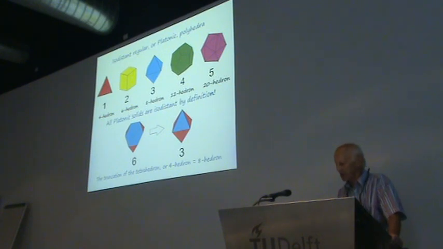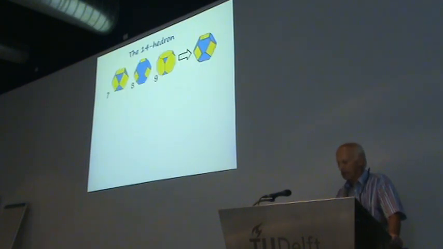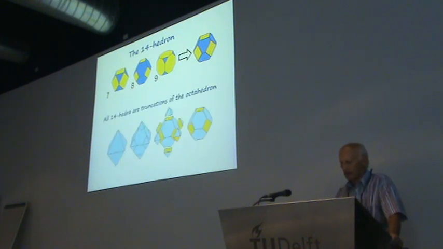This now has no real sense, but when you look, for instance, at this one, the 14-hedron, it consists of 7, 8, and 9. The numbers 7, 8, and 9 have this one in common, and it is found this way.